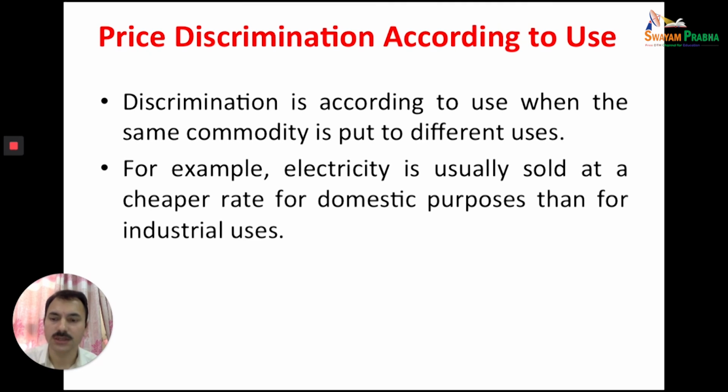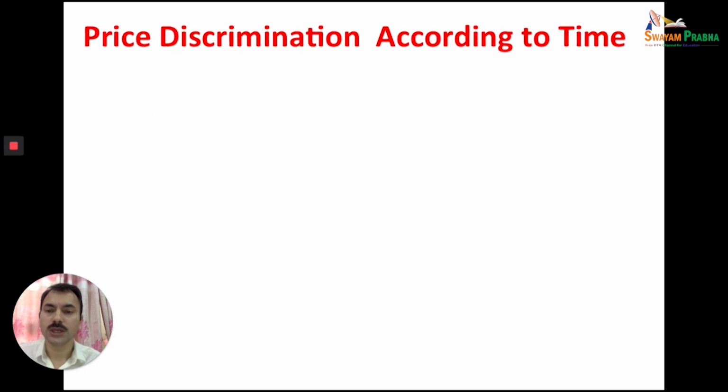Even for domestic users, up to 100 units maybe there is one price, and maybe after 100 there will be different charges, whereas the use of the unit is the same but the prices are different. So when the monopolist discriminates the price according to use, that is called price discrimination according to use.